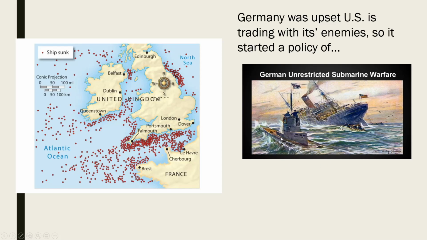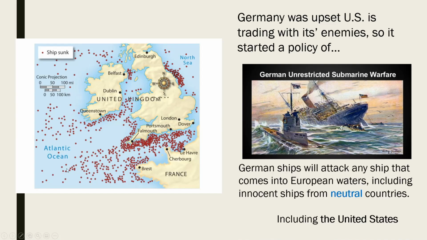otherwise known as submarines. So as U.S. ships will sail across the Atlantic Ocean and towards Great Britain, towards France, towards the Allies, the Germans will actually aim to take them out, will attack them and destroy their ships. So all those products, those guns, munitions, ammo, weapons that they're trading with these countries will be sunk to the bottom of the ocean and not used against Germany.